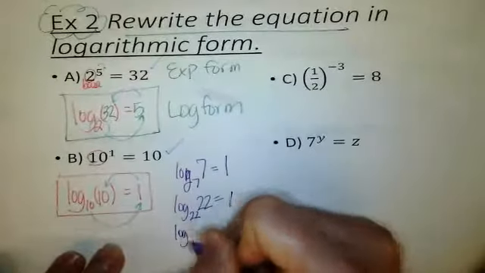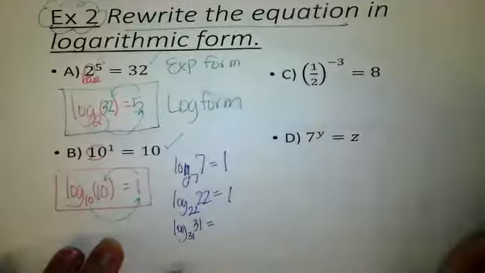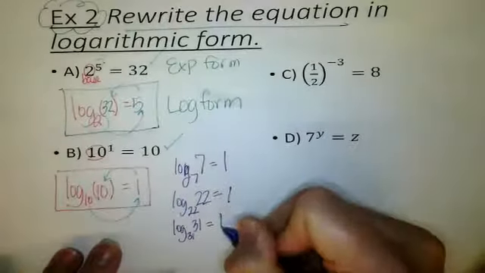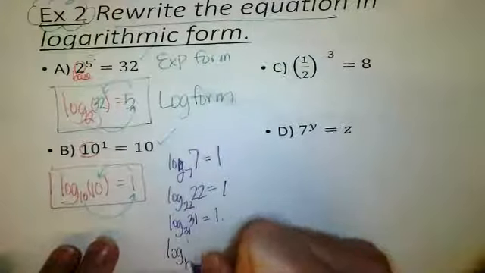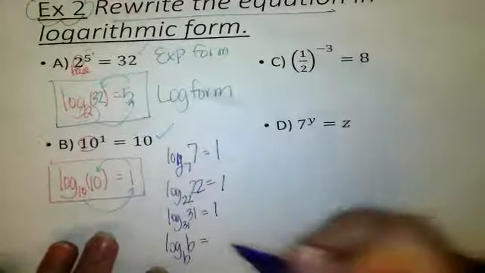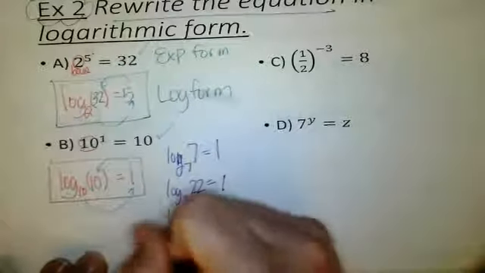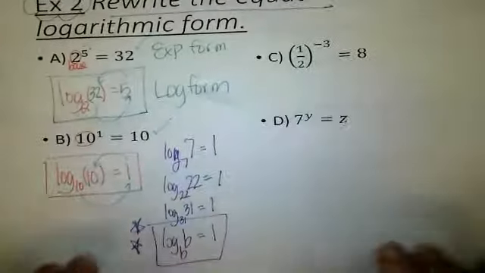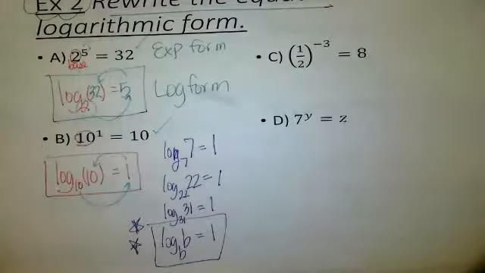And log base 31 of 31 equals 1. Are we getting the pattern yet? Okay, log base b of b equals 1. Always. This is a rule, ladies and gentlemen. Log base b of b always equals 1. We're going to use this rule on Thursday when we graph.